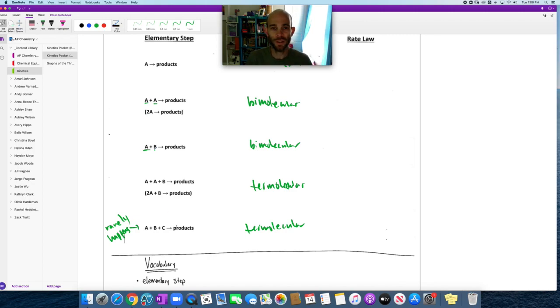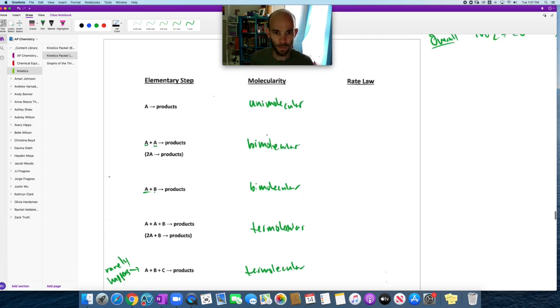So normally people don't propose termolecular steps in reaction mechanisms unless they have really, really good experimental evidence to do that. Okay, so termolecular, and then beyond that, gosh, 4, 5, 6 molecules, 12 molecules, like in photosynthesis, there's no way. There's no way that that's how those reactions occur.